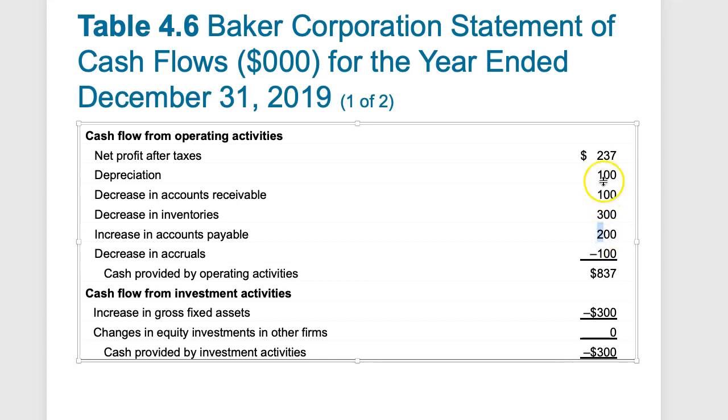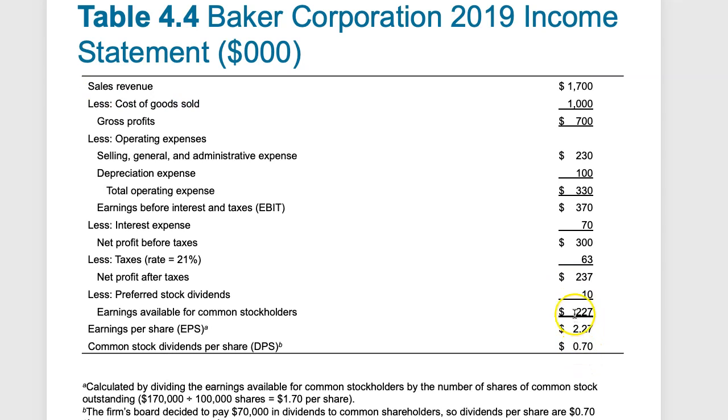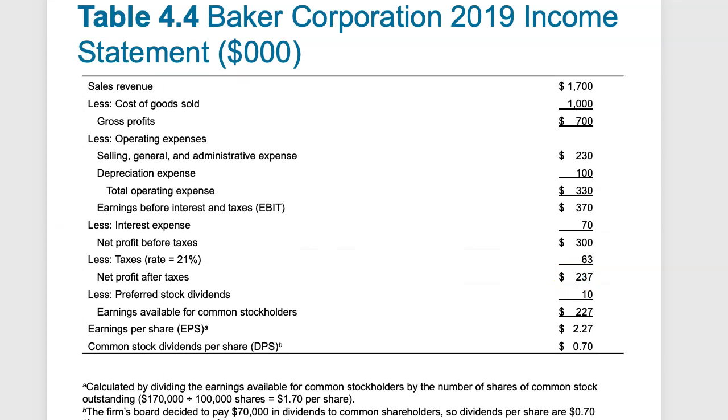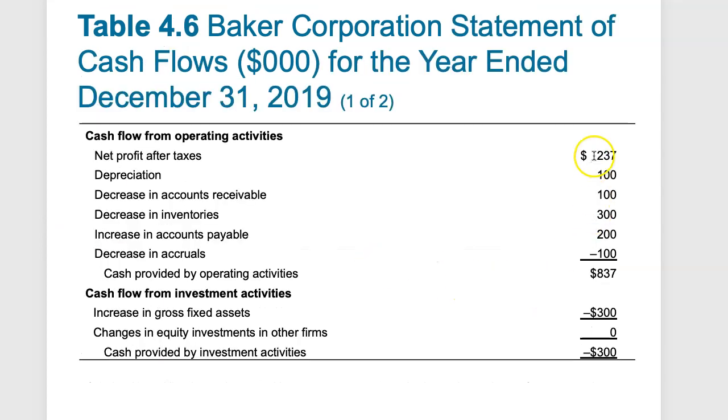These are all going to be cash inflows, as well as the net taxes after profits. If we look back up here, this 237 is our net taxes after profits, and that gets carried into the first part of the cash flow from operations. So we're looking at the changes in these balance sheet accounts, and we add these together, and we get that operating activities increased cash by 837.